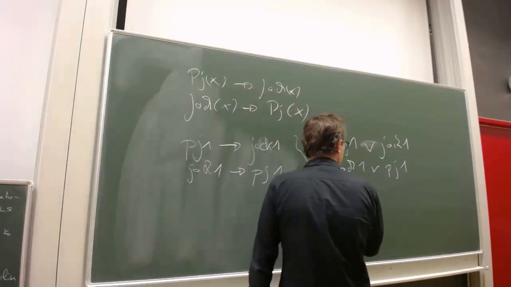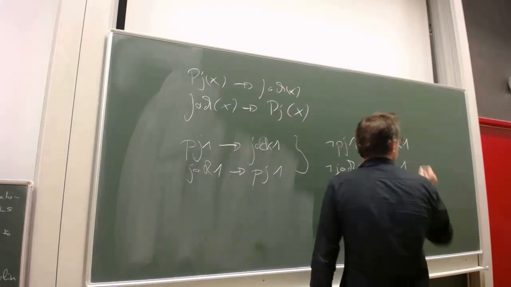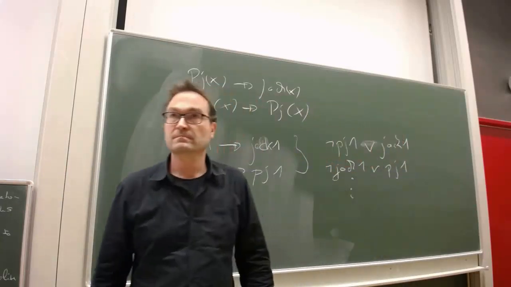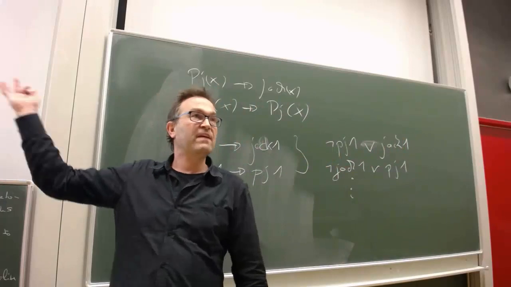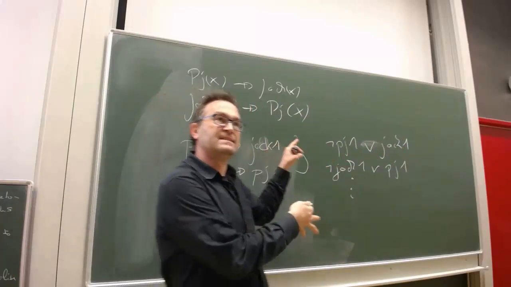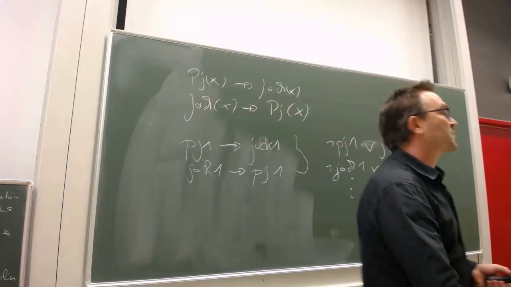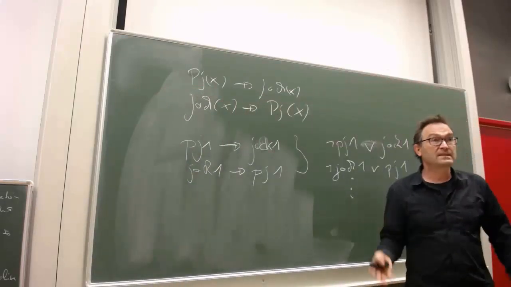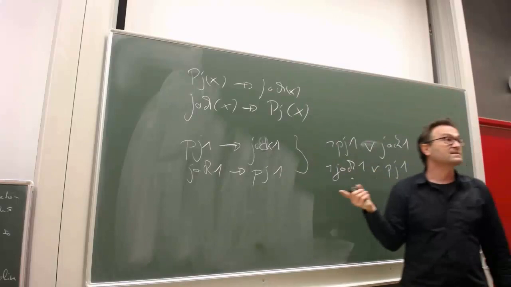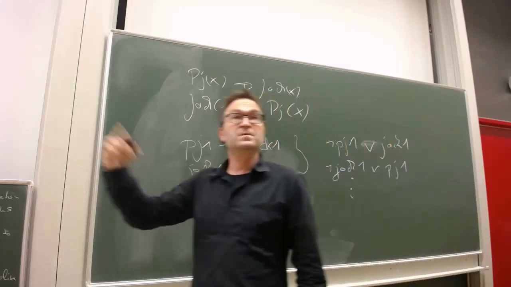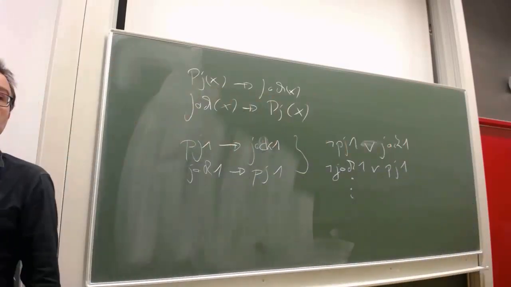And I need to do this now 20 times for all the values of x. So for this very simple statement, I've now translated this into 40 simple statements in propositional logic that are equivalent in the sense that you can derive the same things from the propositional knowledge base as you could before in the first order one.